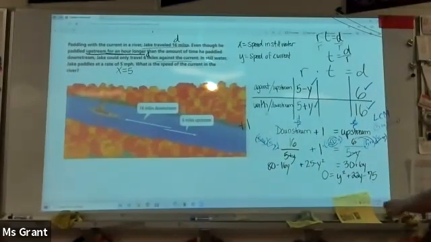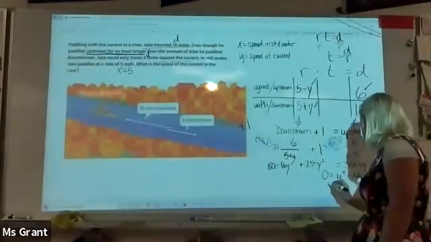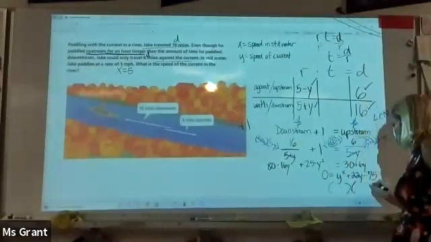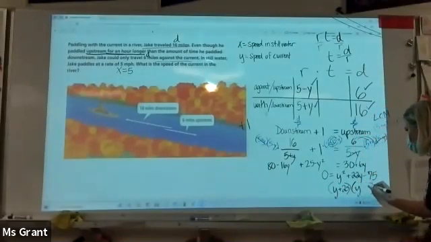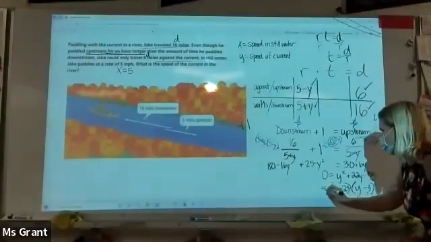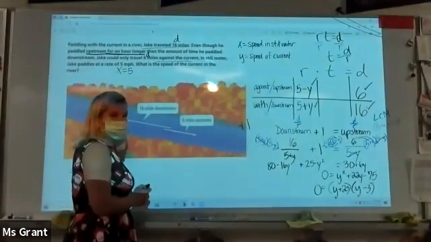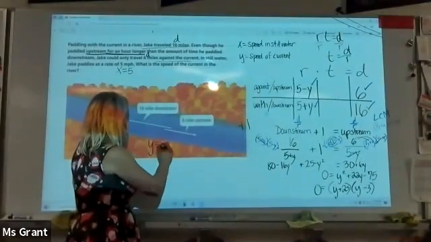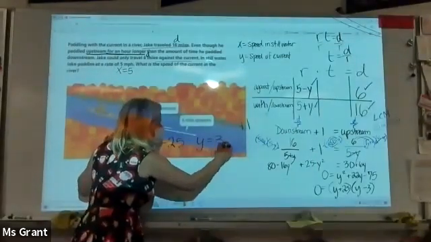I'm going to get two answers. Y plus 25, y minus 3. Zero product property, set them equal to 0. I get a negative 25 and a positive 3.